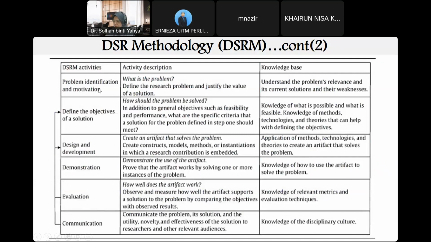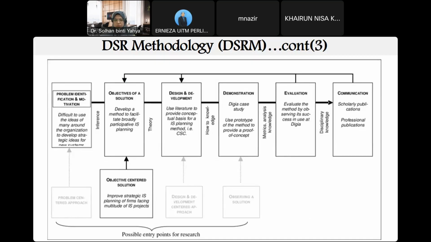We have these activities: problem identification and motivation. What is the problem? Define the research problem and justify the value of the solution. Define the objective of the solution. How should the problems be solved? Design and development. Then this is a template given by this founder, which makes especially IS researchers conduct and give more attention to the design science research category. All right.